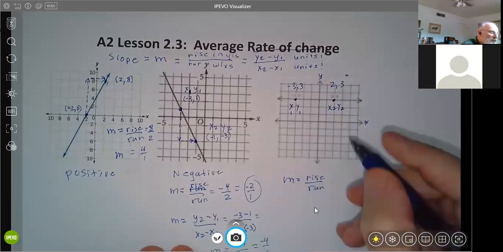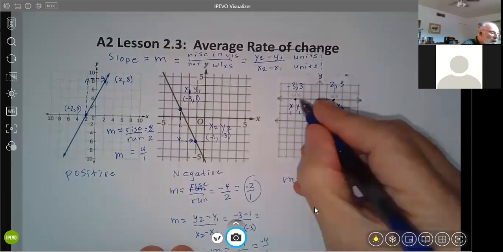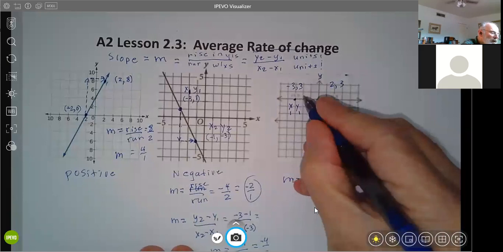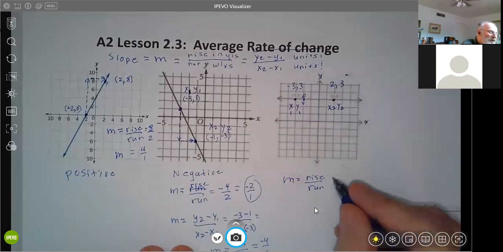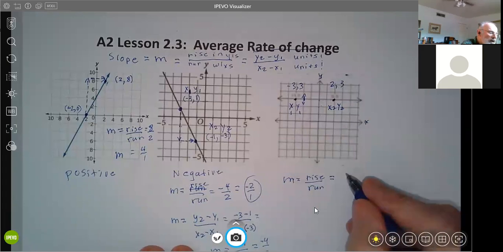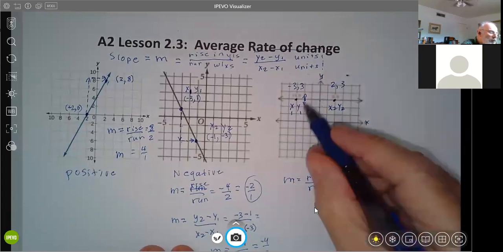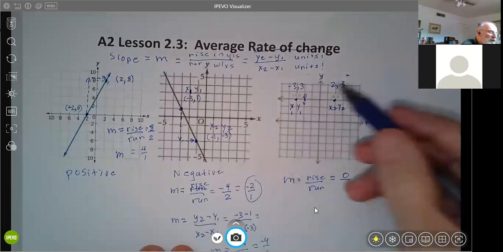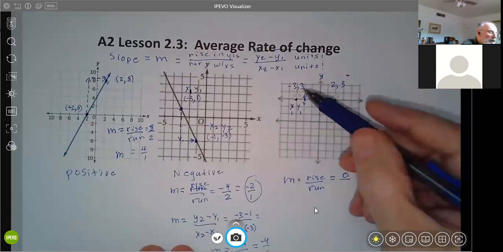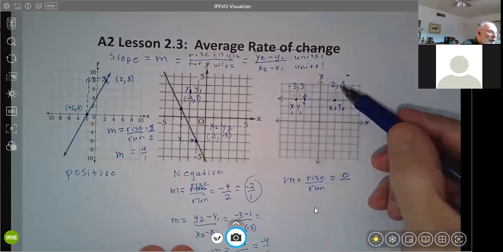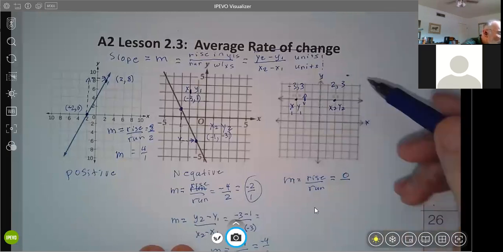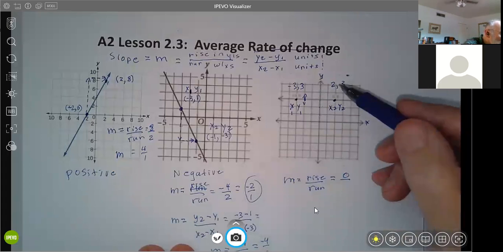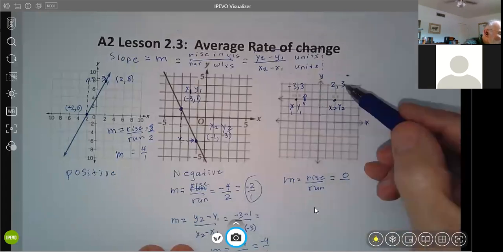And so notice we aren't going up or down. We're staying there. So that means that the rise is 0. And the run, we're going from where x is negative 1, I'm sorry, not -1, x is -3, and over here, x is 2.